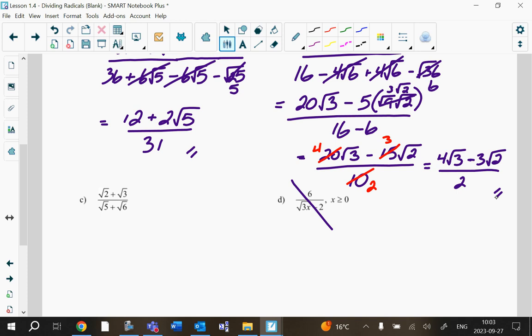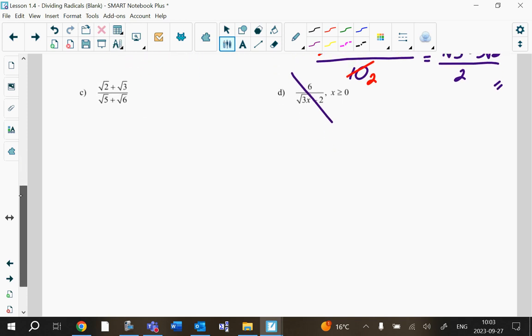C. Notice I put the original in parentheses to remind myself that I'm going to have to do lots of multiplications. What am I going to have to multiply this one by? Yes.